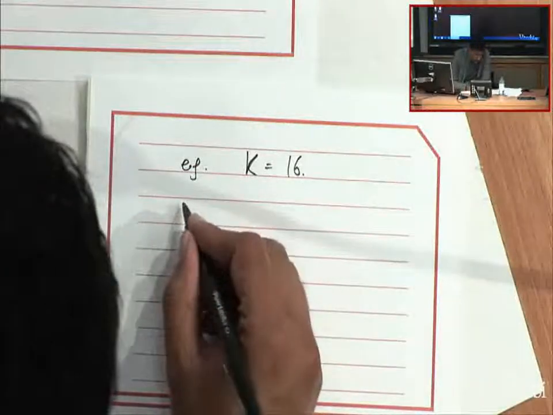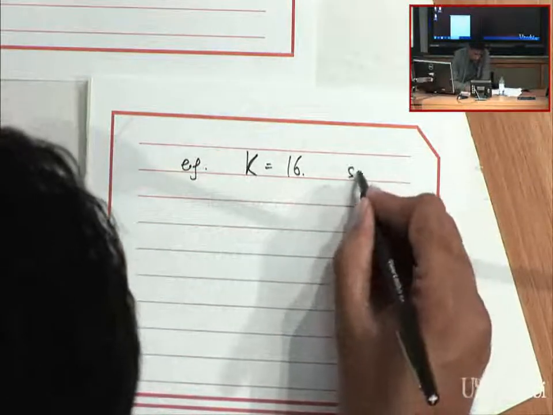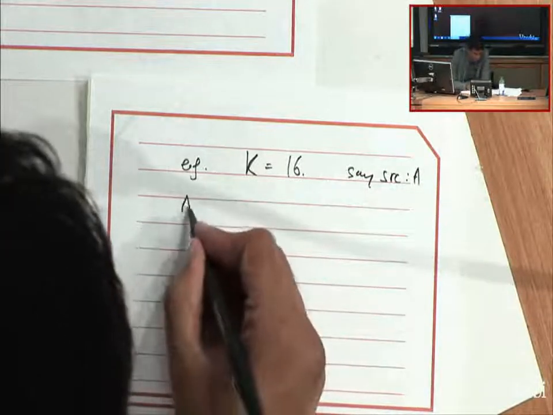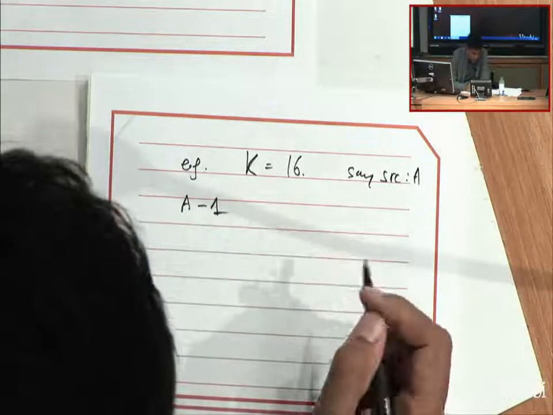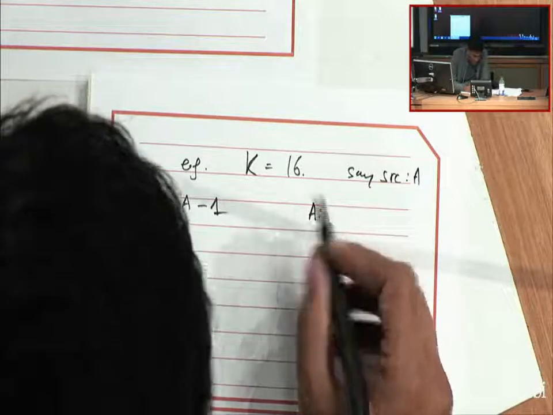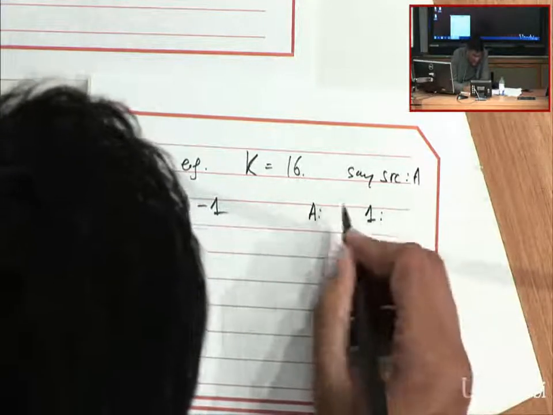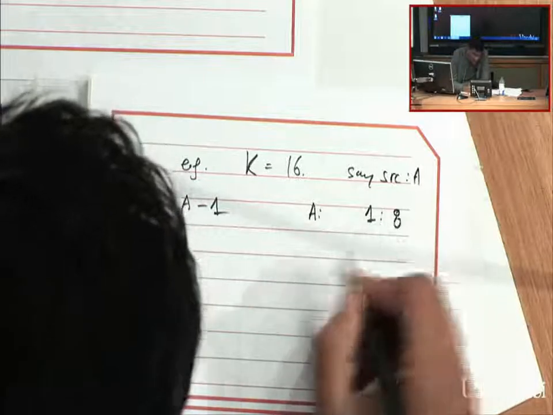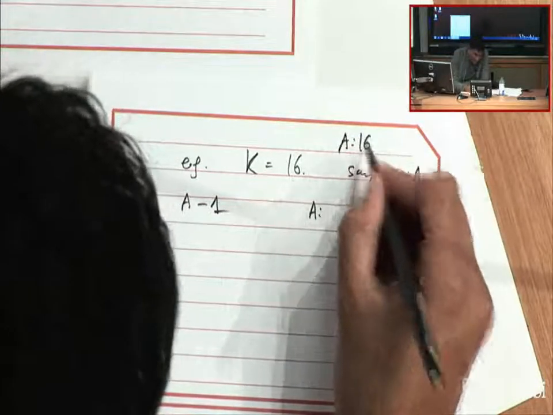Say the source node is A. So let's just say A meets node 1, and when it meets node 1, then A will keep half of these with itself and hand over half of them to node 1. So initially A had all 16 packets.